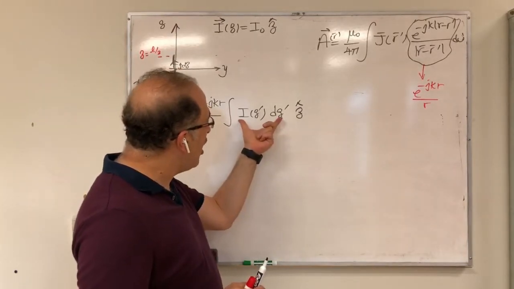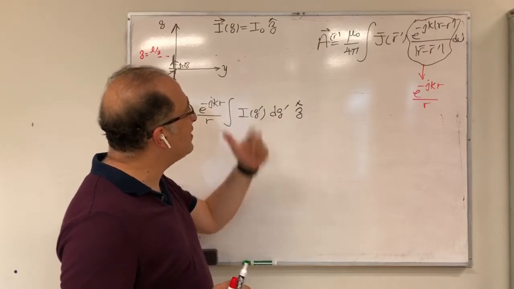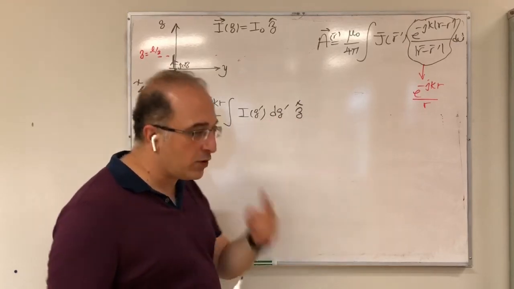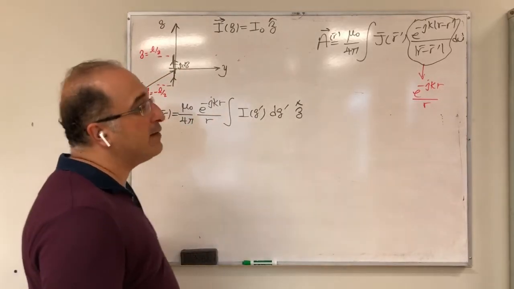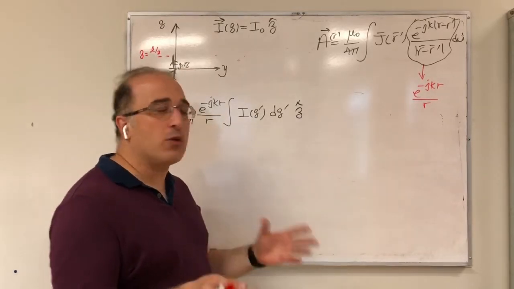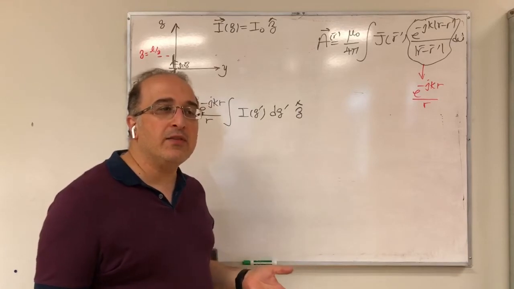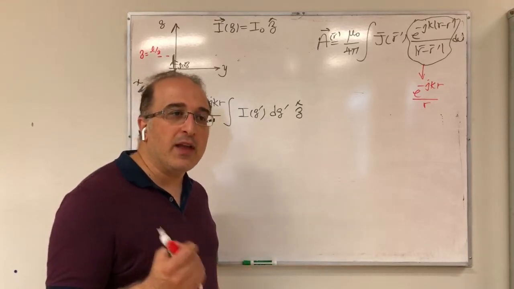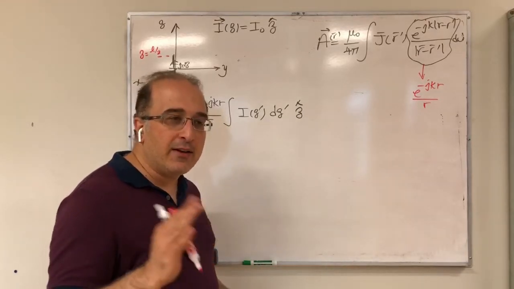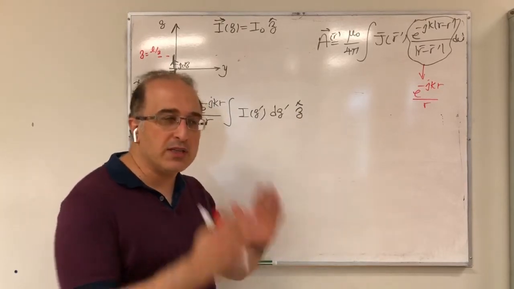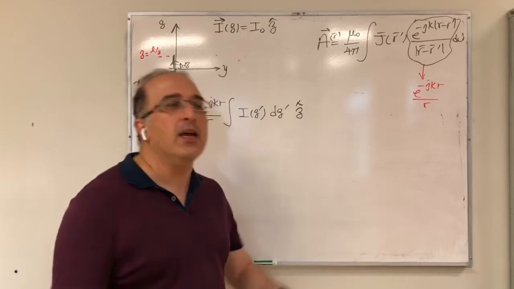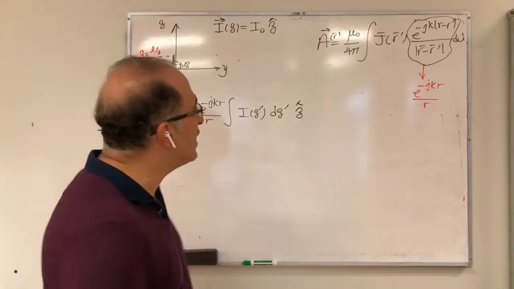The prime is for us to remember that we are integrating over the source. But this vector is a fixed vector in one direction. Some vectors, as we're going to see, are not constant vectors and they keep changing, and we're going to talk about those. In those situations, we keep the prime coordinate. But z hat, x hat, y hat, we just write as z hat, x hat, y hat.